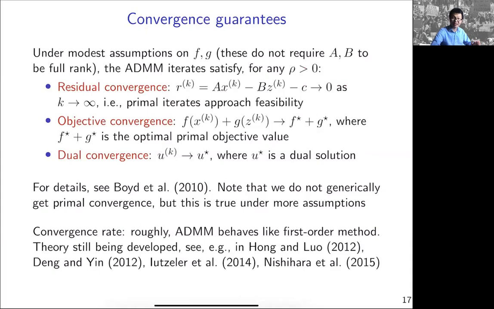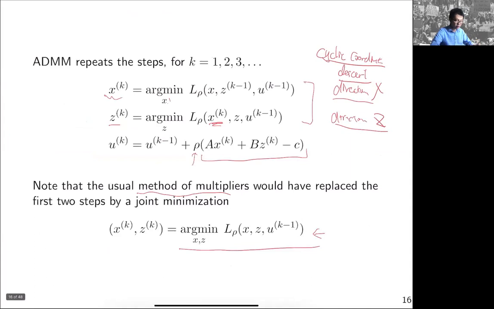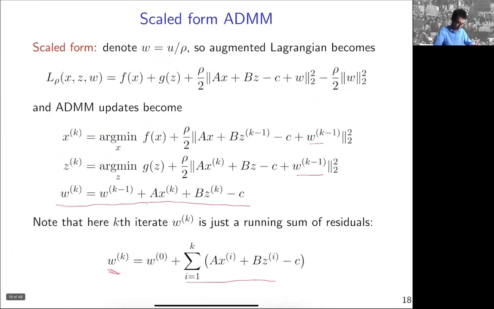On the other hand, it does quite a bit more extra work in the primal when you keep finding the exact minimum on x and z. And it is alternating direction because it alternates between optimizing in the x direction and optimizing in the z direction. It's quite remarkable that this actually works in a very general sense.